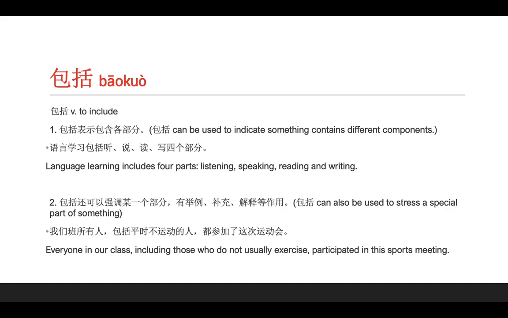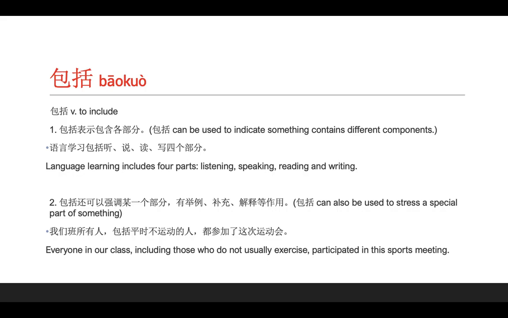And the second usage is that 包括 can be used to stress a special part of something. For example, 我们班所有人，包括平时不运动的人，都参加了这次运动会。Everyone in our class, including those who do not usually exercise, participated in this sports meeting.